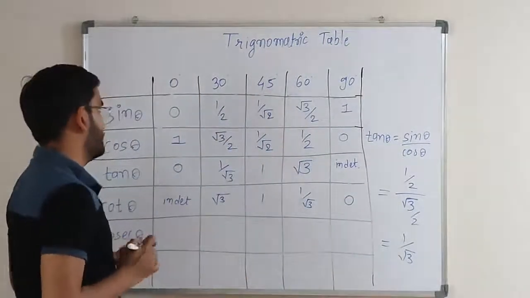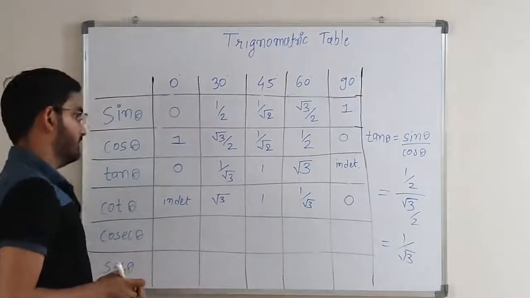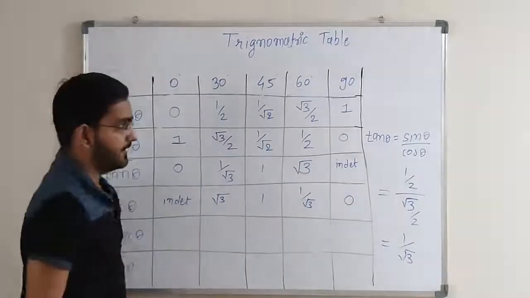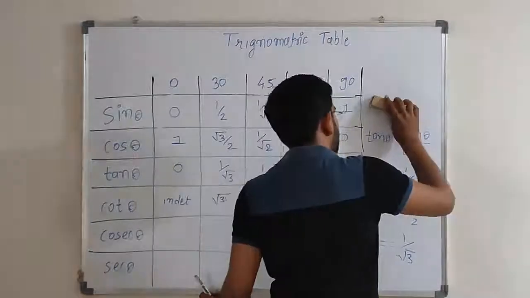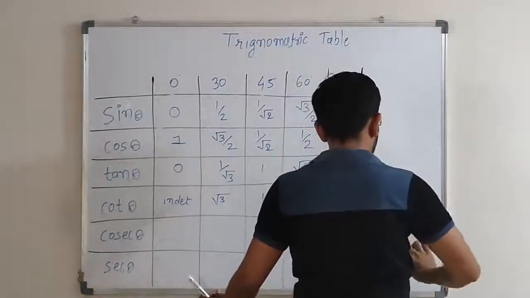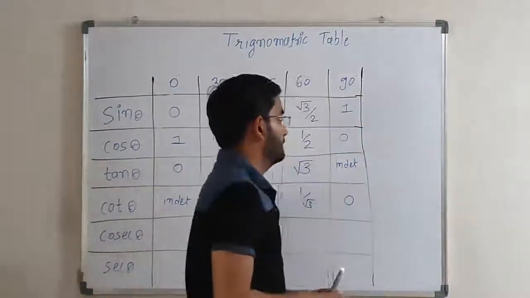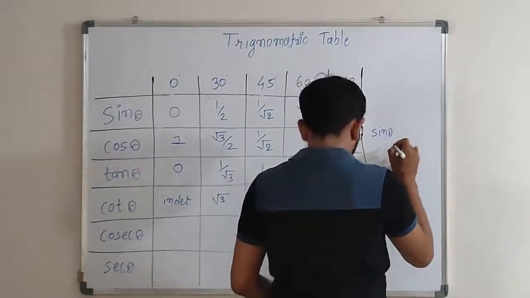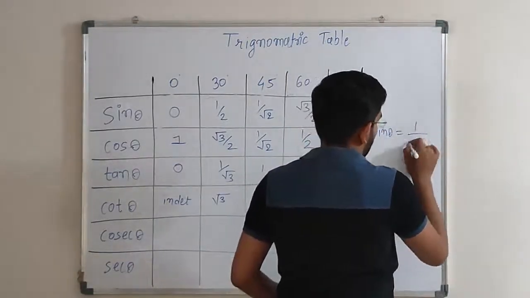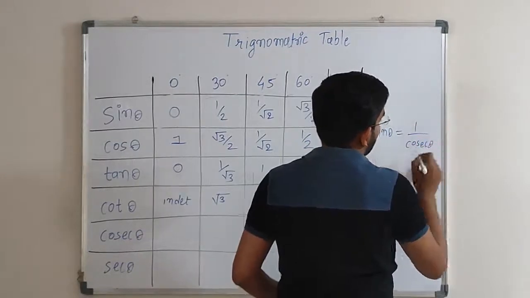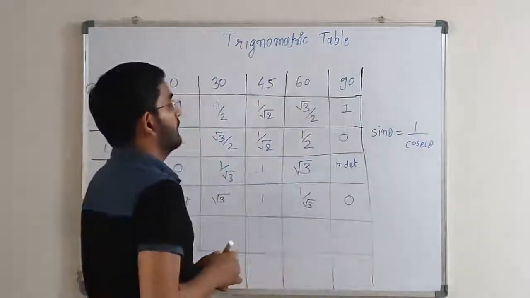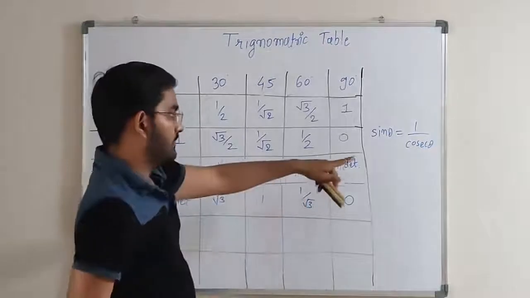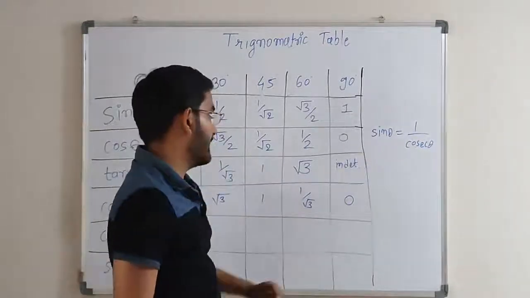Now cosec theta. We know that the relation between sin theta and cosec theta is that they are inversely proportional to each other. So sin theta is equal to 1 upon cosec theta, or we can write cosec theta is equal to 1 upon sin theta.